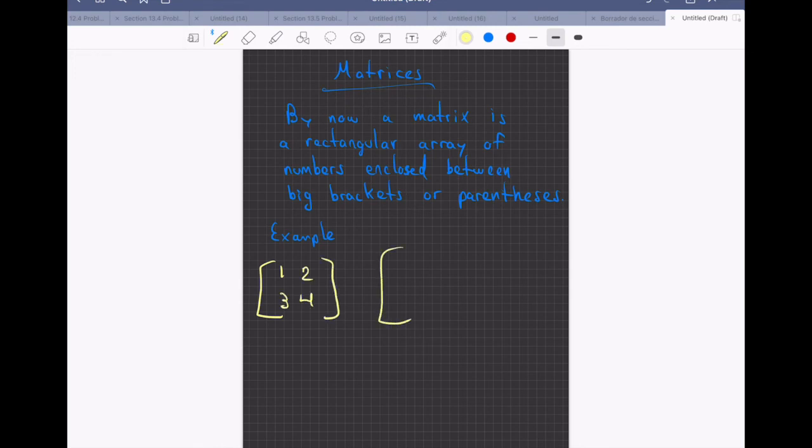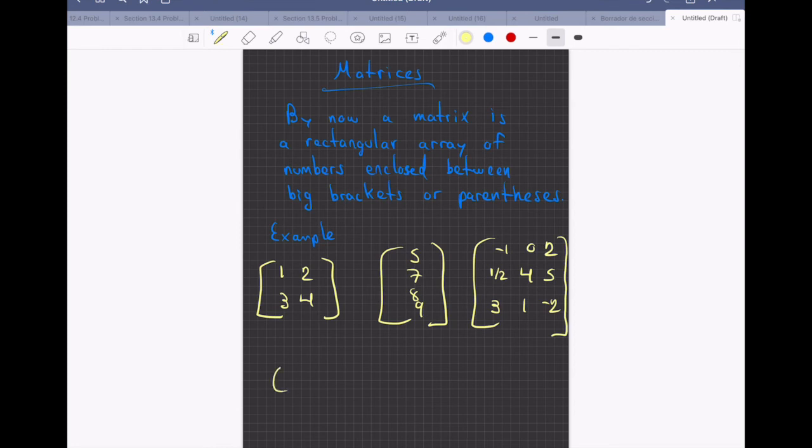Another example: 5, 7, 8, 9. Another example: -1, 0, 2, 1/2, 4, 5, 3, 1, and -2. You see, these are arrays.